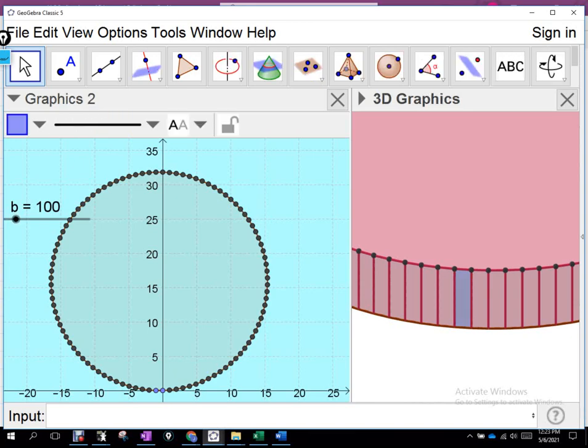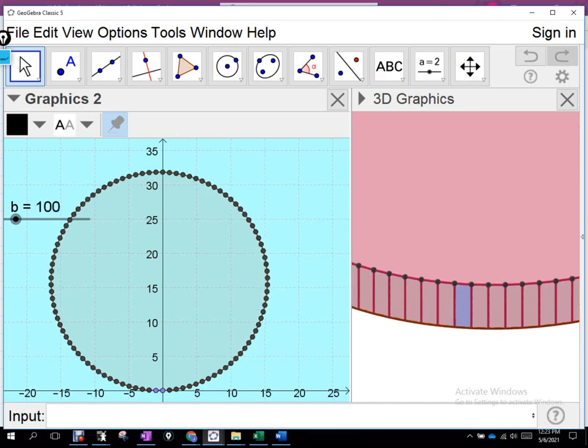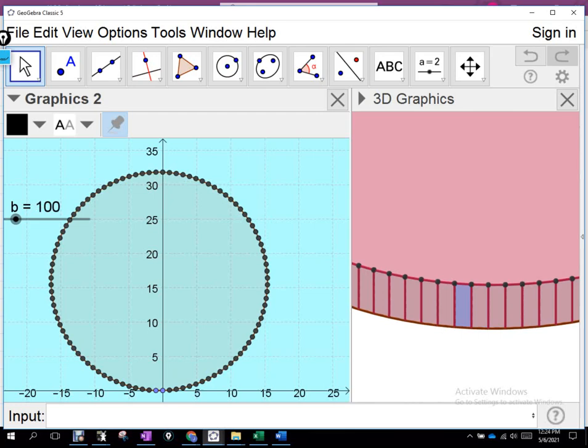That blue rectangle is different when it's at 99 than when it's at 100. But is it much different? No. Okay? So then the surface area of the prism at 99 cannot be much different than the surface area of the cylinder when we get to 100. Does that make sense?